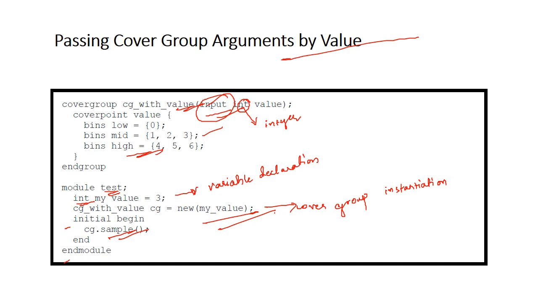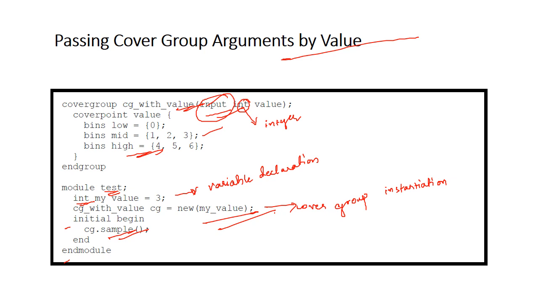The cover group is going to take an integer; int is nothing but integer. So this cover group cg_with_value is going to take an integer value as an input argument. So this is passed by value.